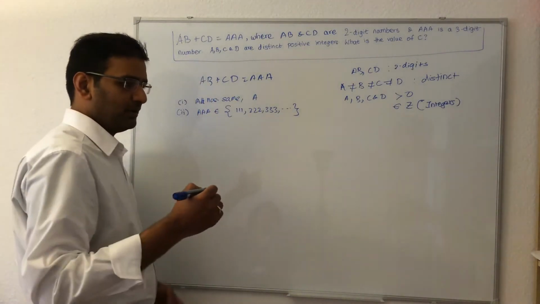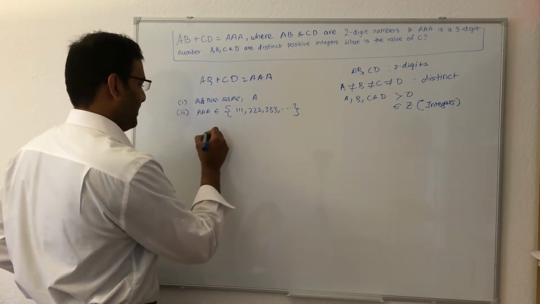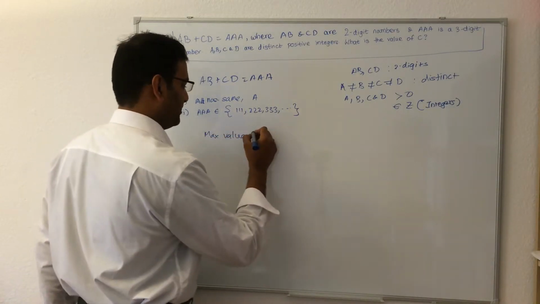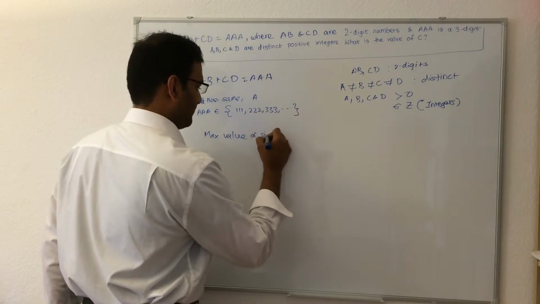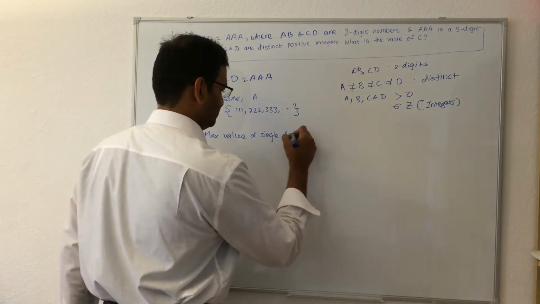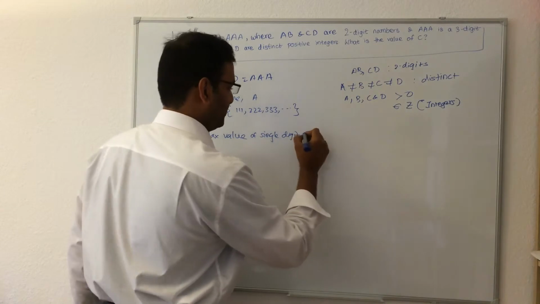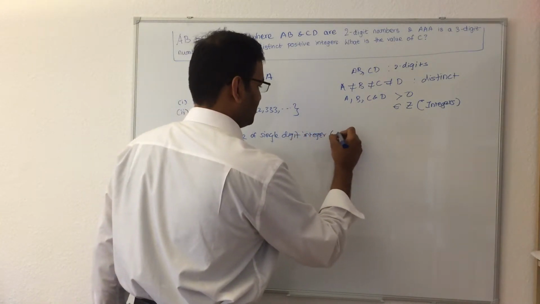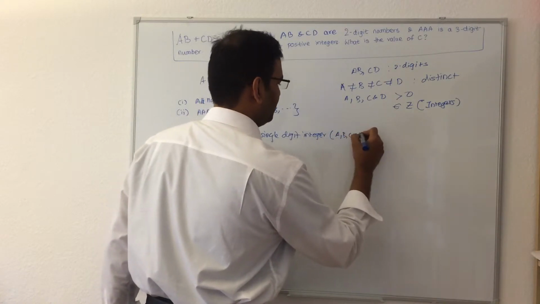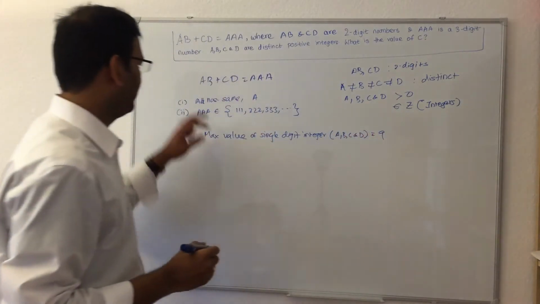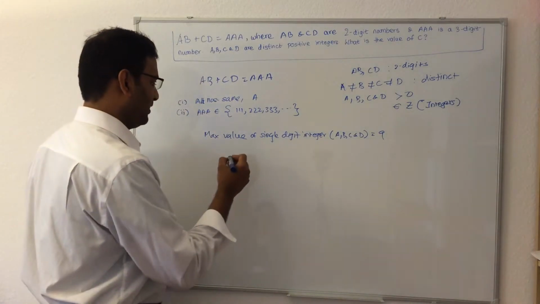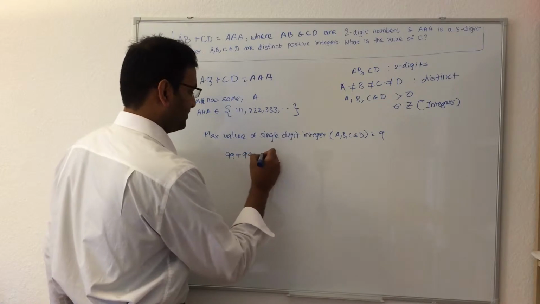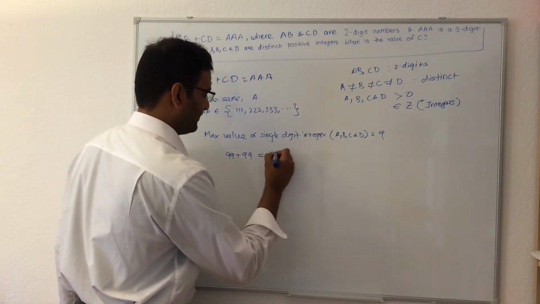The maximum value of a single-digit integer in our case for A, B, C and D would be 9. Hence, the left hand side of the equation could be written as 99 plus 99. And this gives us a sum of 198.